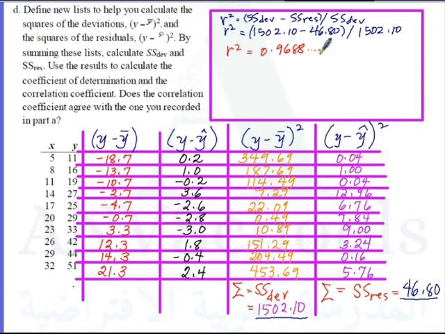Okay? Now why do we need to get the positive square root? Notice that your data is increasing, right? From 5 it goes to 32 and it's increasing, and the value of your y is also increasing. So therefore we will get the positive square root. To get our correlation coefficient, we take the positive square root of our r square.